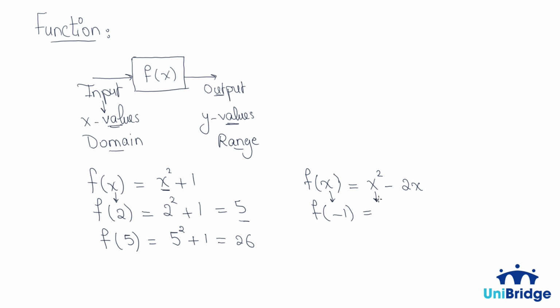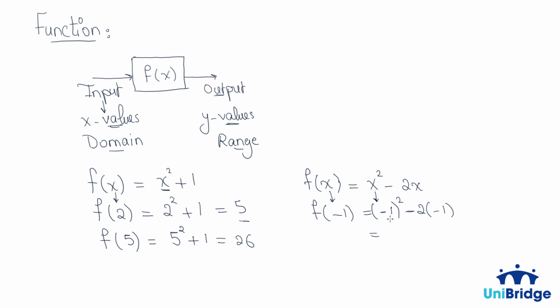So if I remove this x and plug in negative 1, I like writing it in brackets so that I know that the square is on both the negative and the 1. And in the same sense, I just remove this x and plug in negative 1 as well. So now I can simplify this.